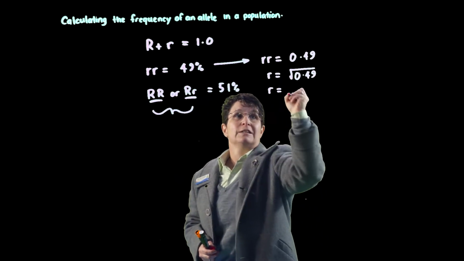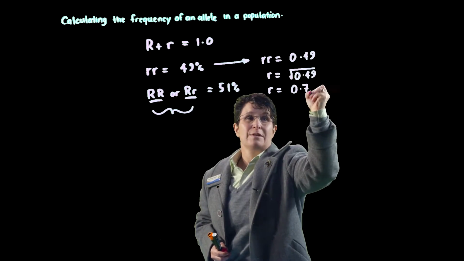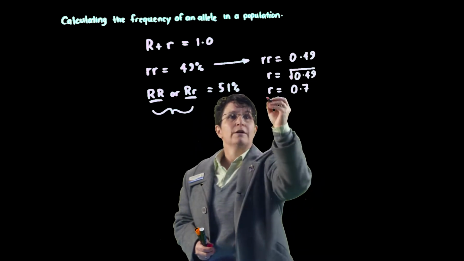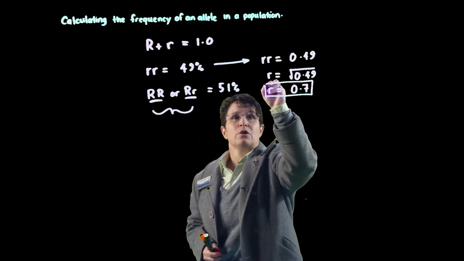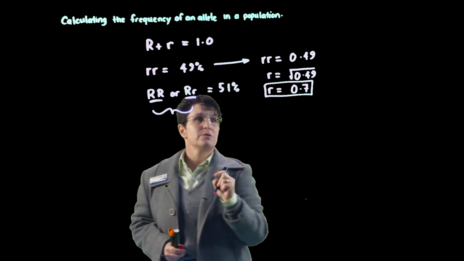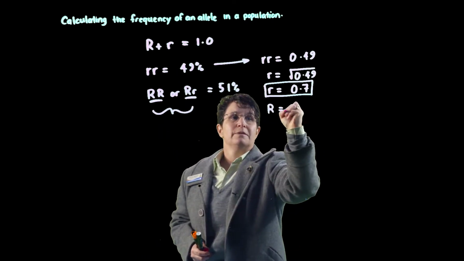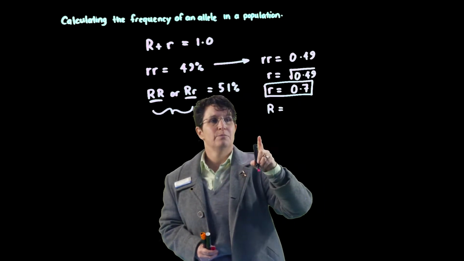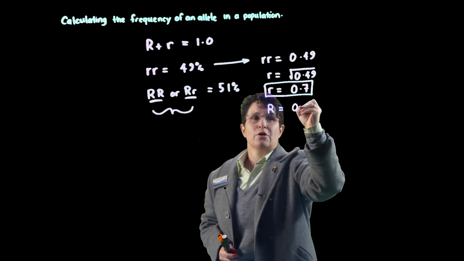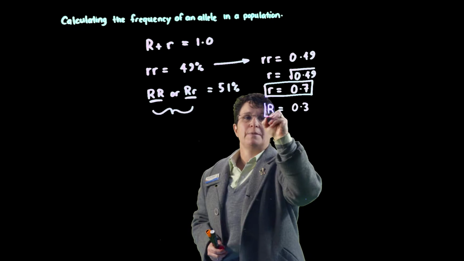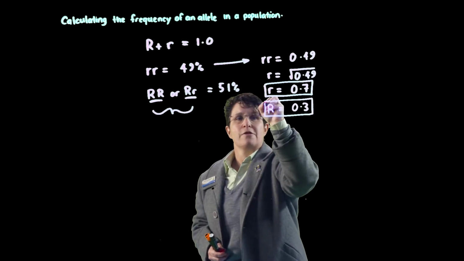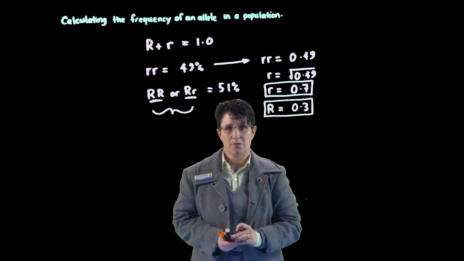So the recessive allele in this case will equal 0.7. Knowing that we have the sum total of those alleles, we can now determine that the dominant allele must be the remainder. So the dominant allele, in fact, only appears in 30% of individuals.